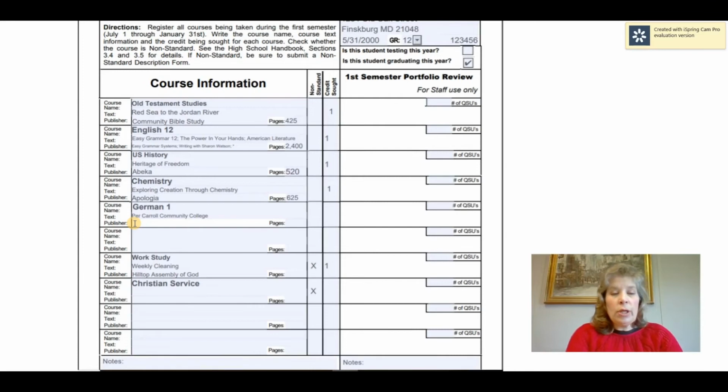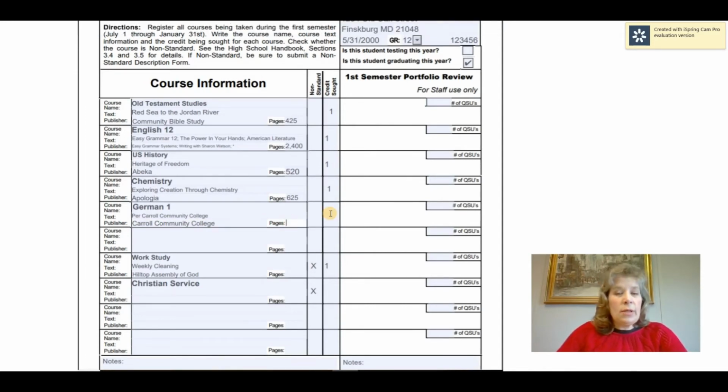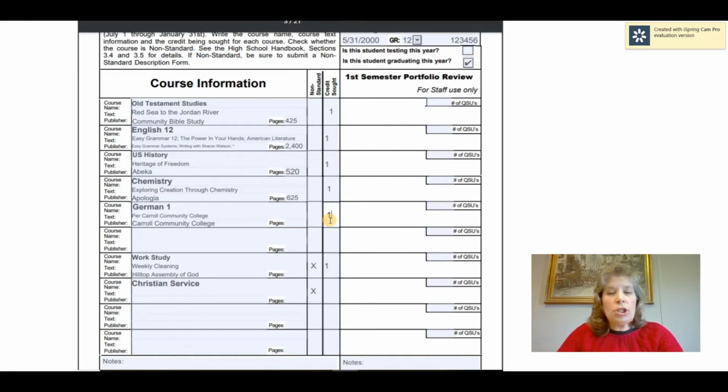And we are going to put Carroll Community College for the publisher as well, because it's actually a text that they publish for their classes. This is also a standard course. It's taken at the community college, and we are seeking 1 credit.